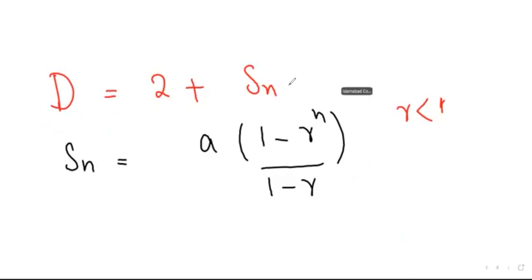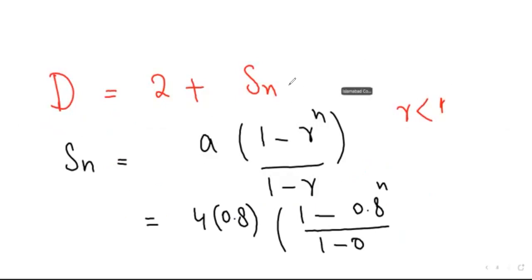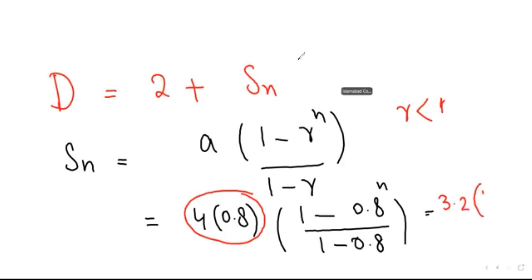So our A is 4 times 0.8. Then we have 1 minus 0.8 power n over 1 minus 0.8. So this would become 3.2 divided by 0.2.